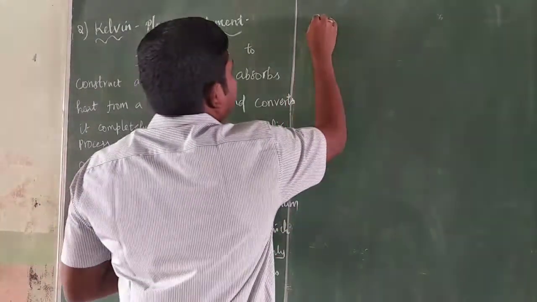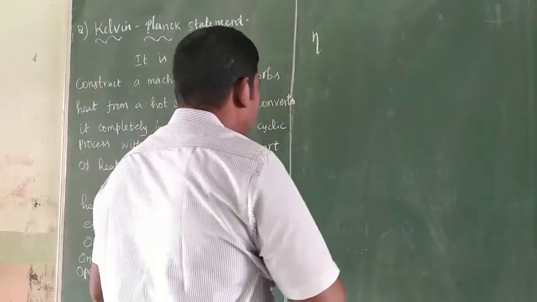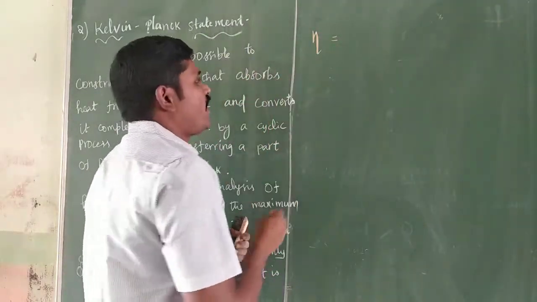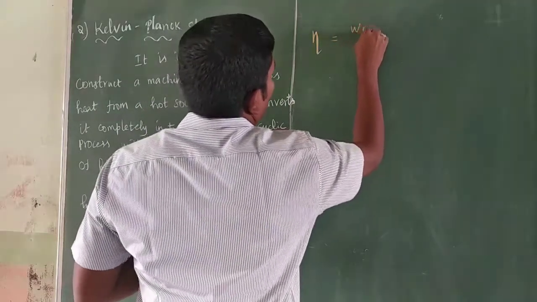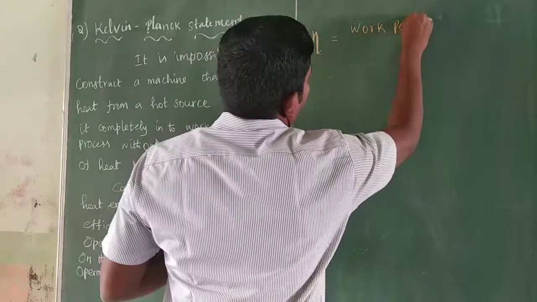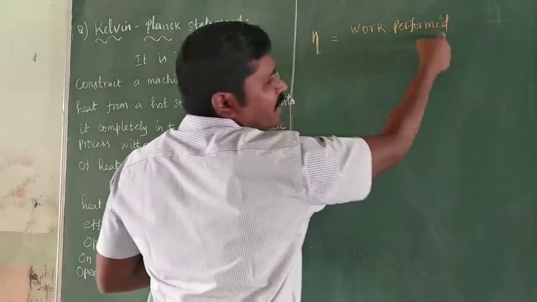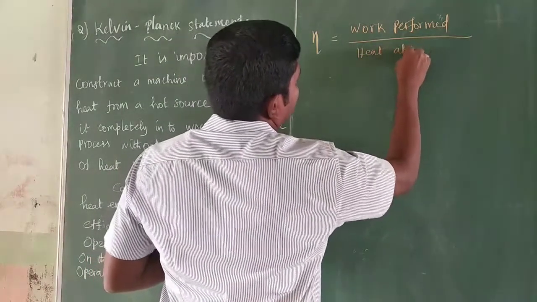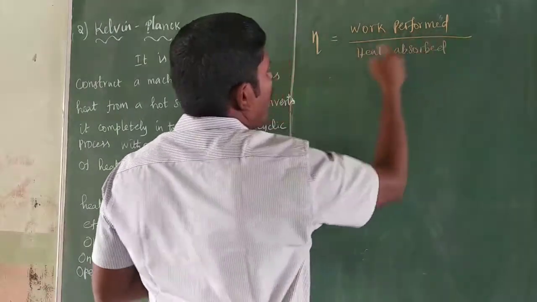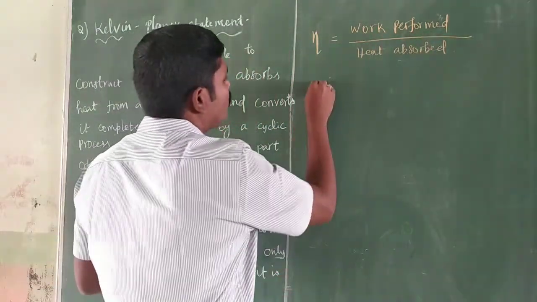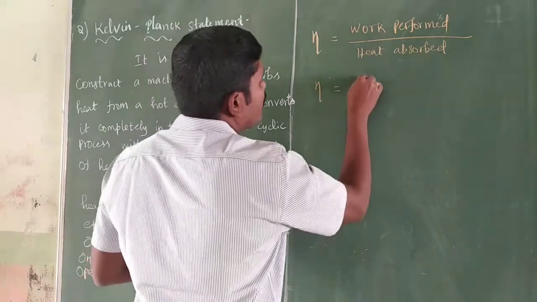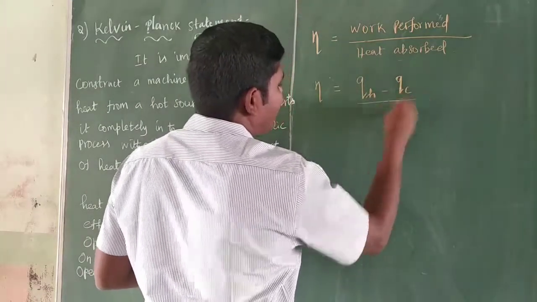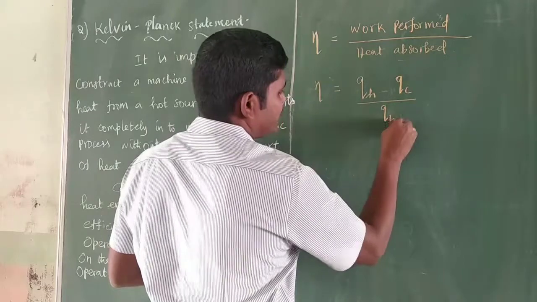Okay, so the efficiency eta is equal to the work performed by heat absorbed. So eta is equal to QH minus QC by QH.